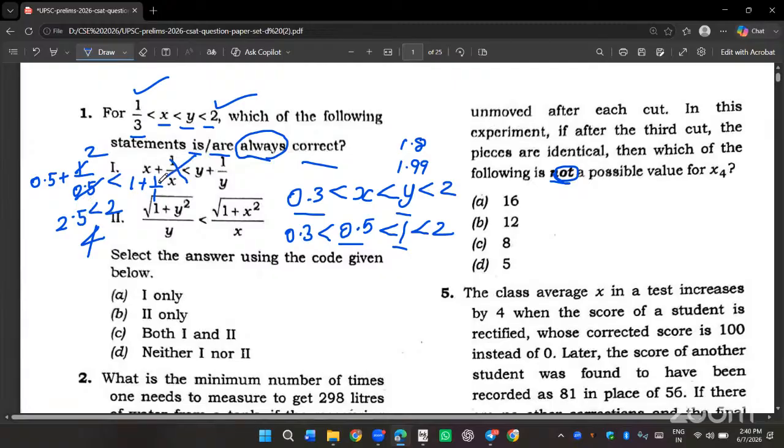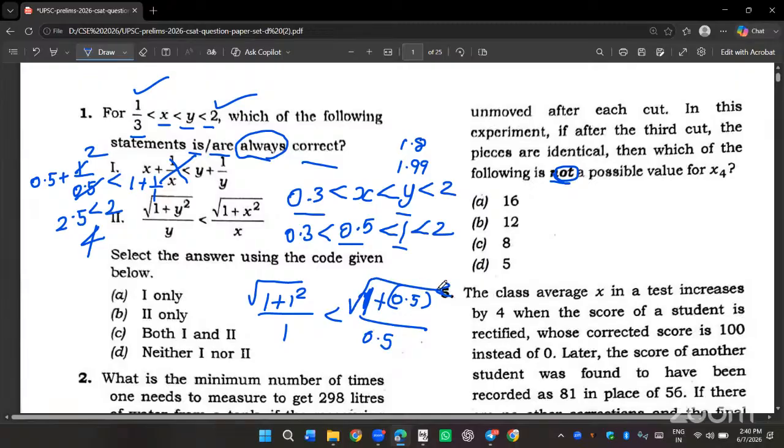So leave it. Then come to this one. Again, you substitute. So square root of 1 plus 1 squared, divided by 1, should be less than or equal to square root of 1 plus 0.5 squared, divided by 0.5. You do this calculation.